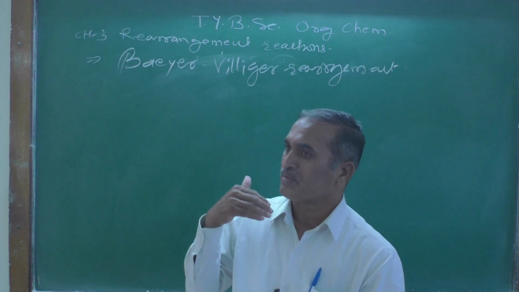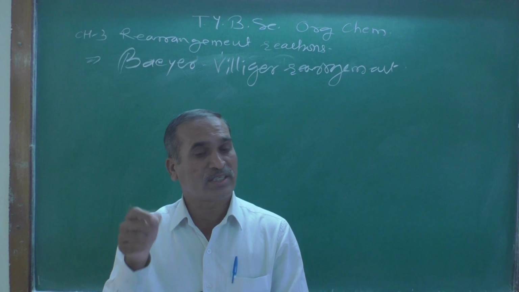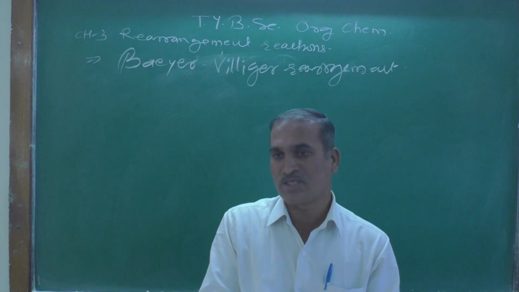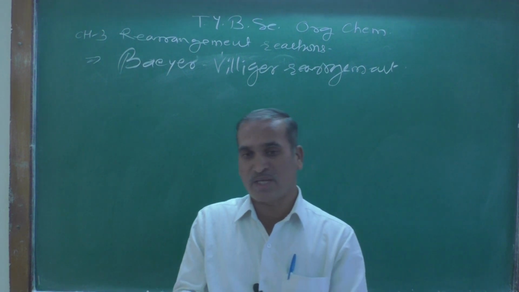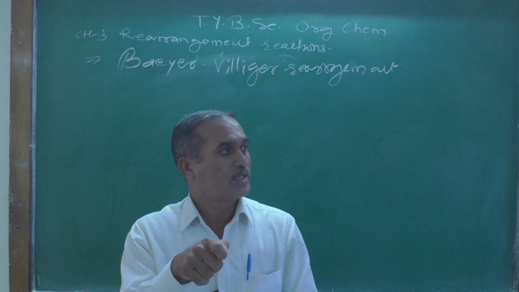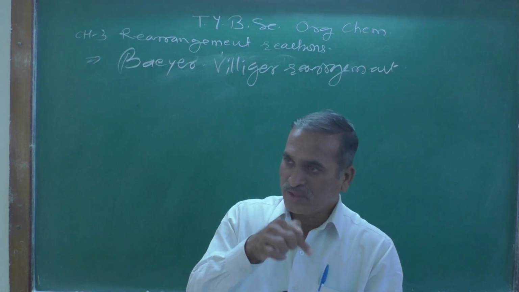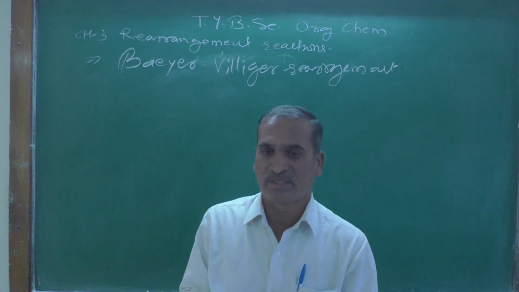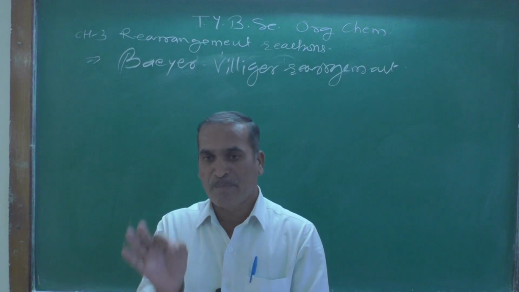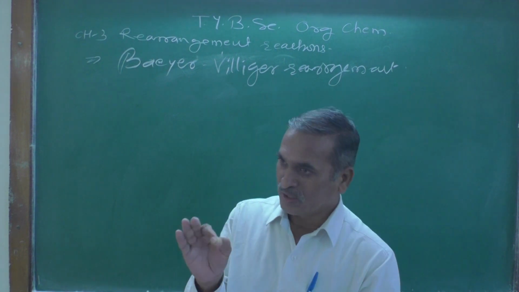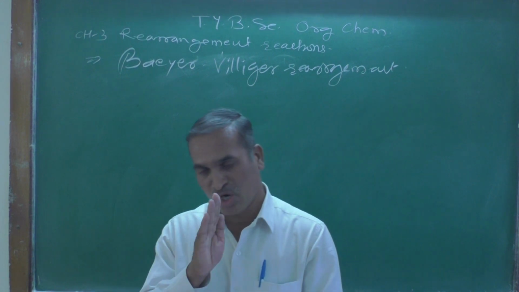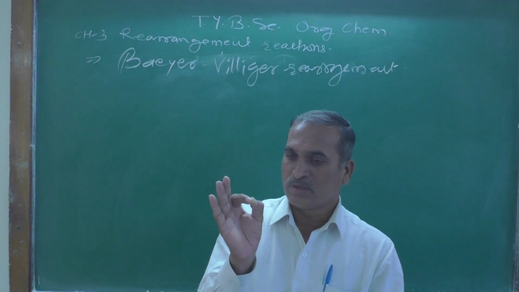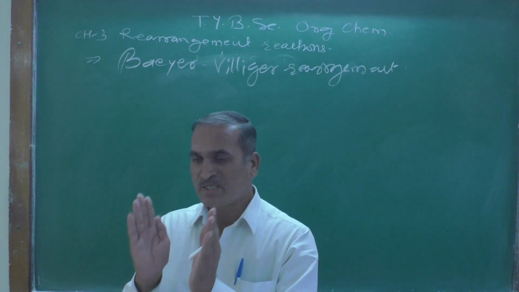Electron-deficient oxocations are formed, meaning the oxygen atom is electron deficient in nature, and there is a migration of an alkyl group, and the resulting compound is sometimes an acid, but often it gives esters.